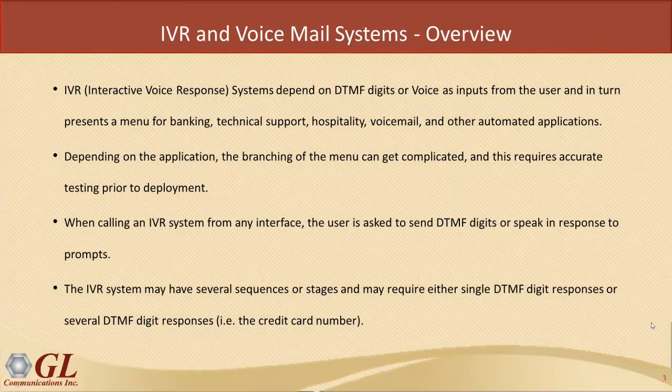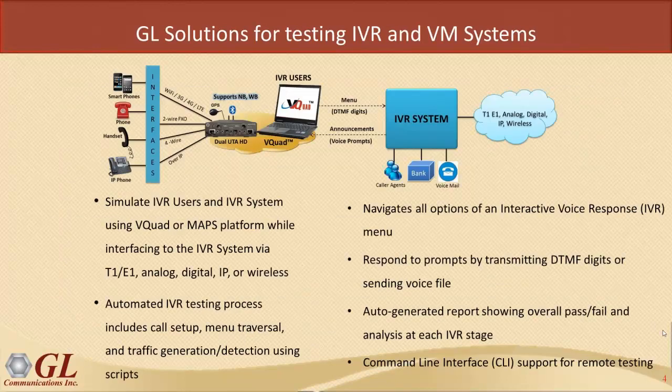So I'll be going over the testing solutions that we have for testing IVR and voicemail systems. So as Rob has already alluded to, GL has basically 2 main voice or call testing platforms. They're known as VQuad and MAPS, both of which can be used to simulate IVR users as well as IVR systems to perform IVR tests.